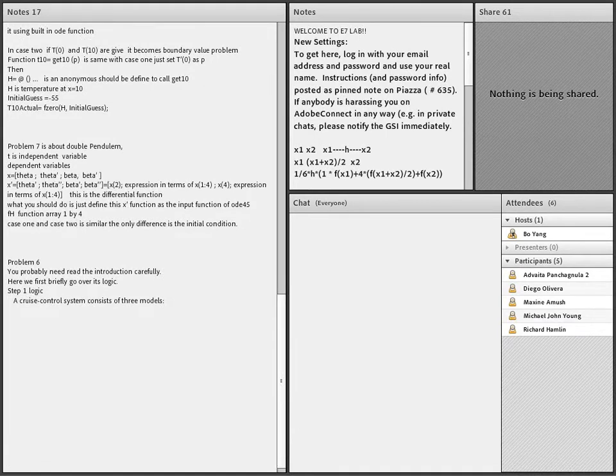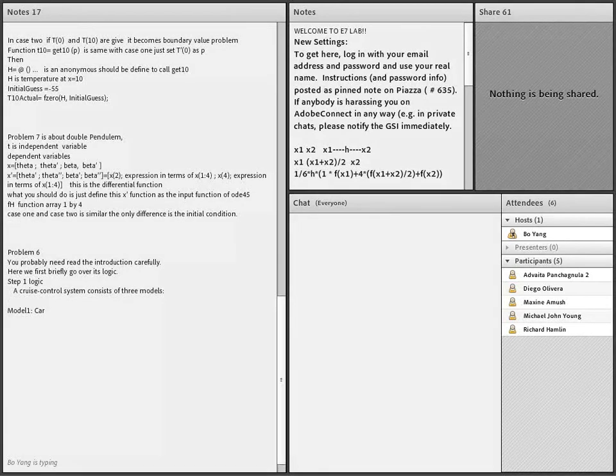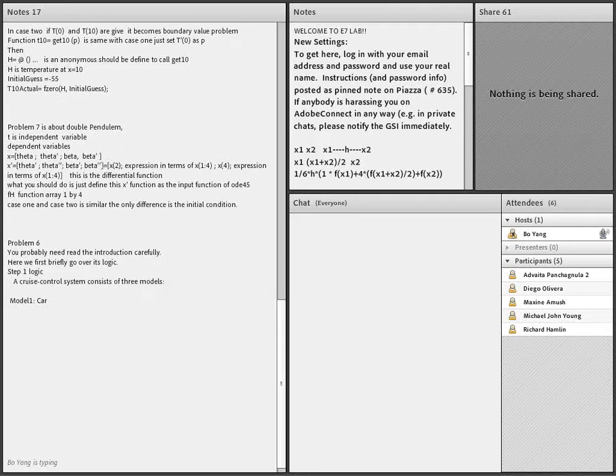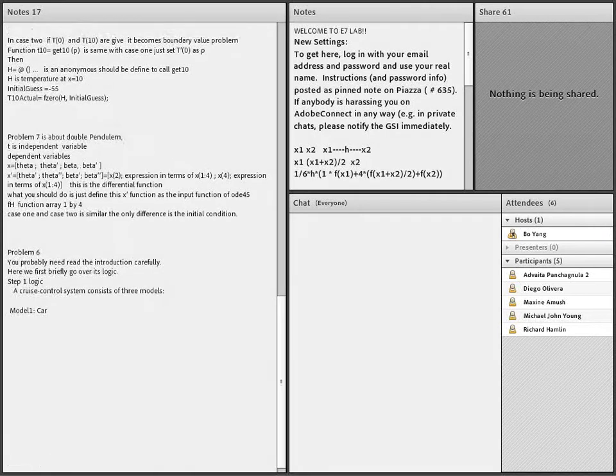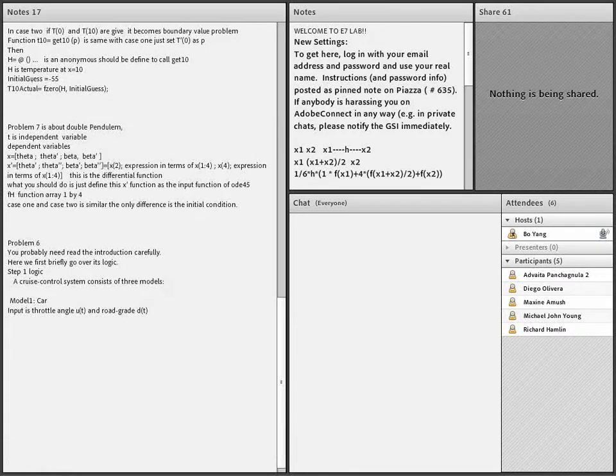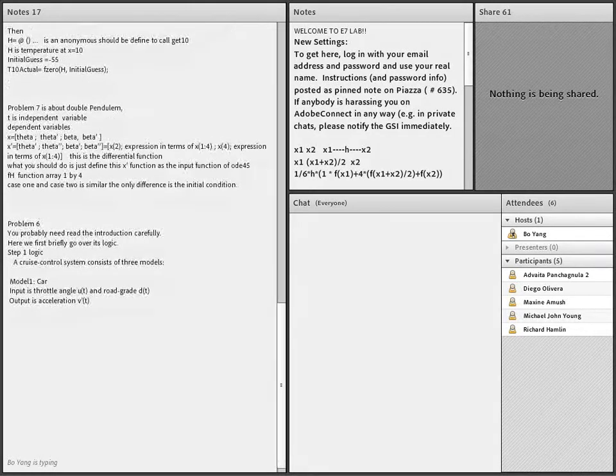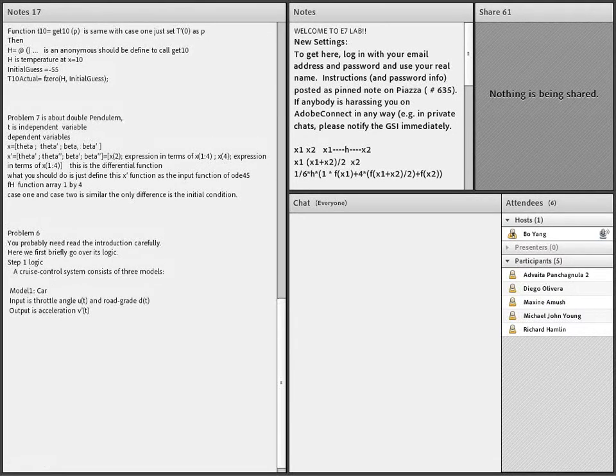The first model is the car model, in which the inputs are the throttle angle, u(t), and the road grade, d(t). The output is the acceleration, y(t).